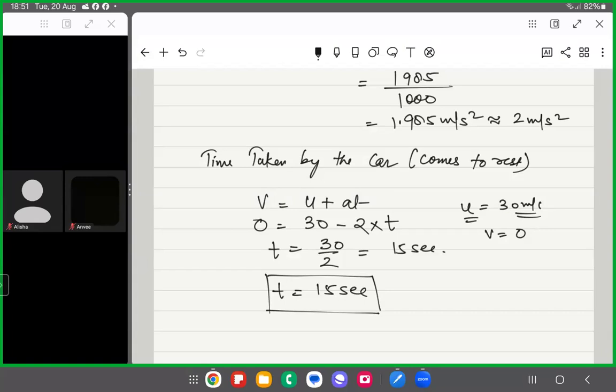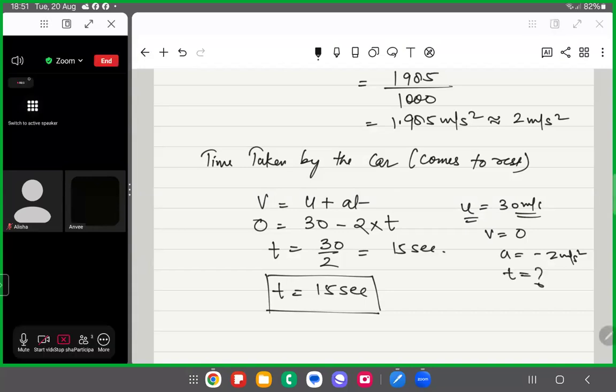Acceleration: this time it will be negative acceleration, so we will put a negative sign. This is a retardation, that is 2. Okay. a is minus 2 meter per second square, right? Because it is applying the brake, or you can say the motion is retarding, right? Now you can easily find the time. Everybody getting that? Yes or no? Please tell. Ma'am, I have to write the whole answer.